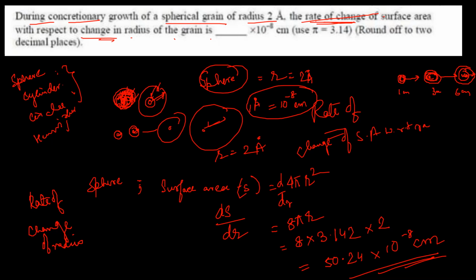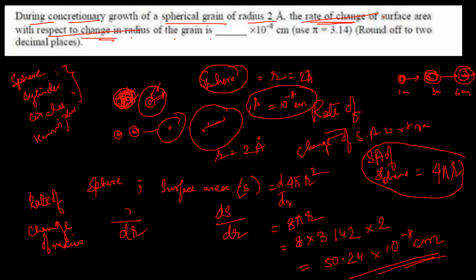For that we just need mathematics: what is the surface area of a sphere. I have already written over here, it equals 4 pi r squared. This is the equation which you require. No geology is required over here. Now we have to find the change with respect to radius, dr, so we differentiate the surface area, 4 pi r squared.